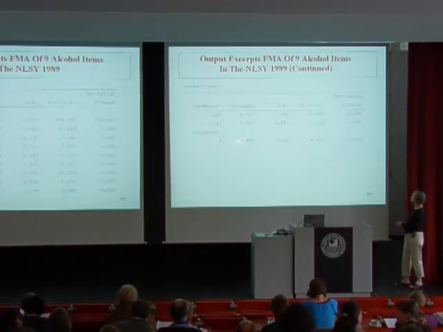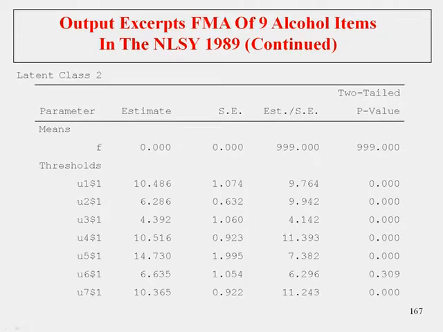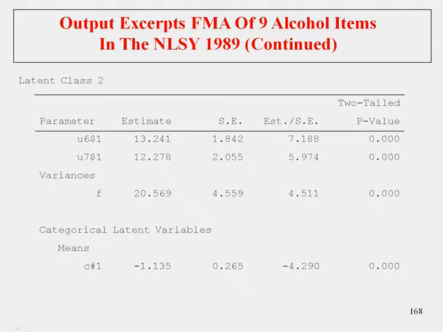And you can see there is significant variability. I'm just going to go through this. The same thing for class 2. So for class 2, we have the factor loadings, which are the same as in class 1 because we held them equal. We have the mean 0 because we fixed it at 0 because the thresholds are allowed to vary. And then the factor variance, which is larger in class 2.